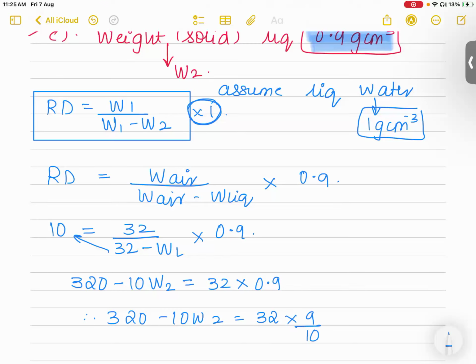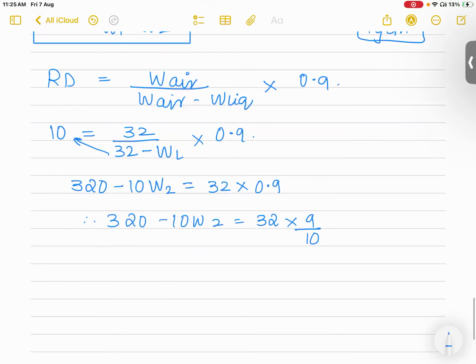Okay, let's multiply 32 into 9. When I multiply 32 with 9, this is 288. So I'm writing 320 minus 10W2 is equal to 28.8.